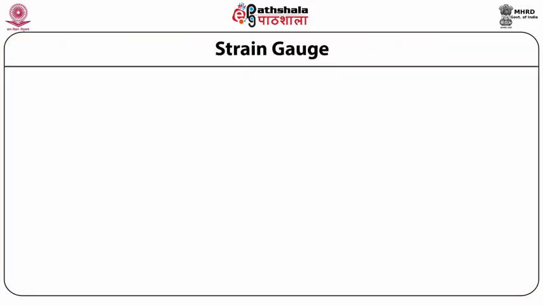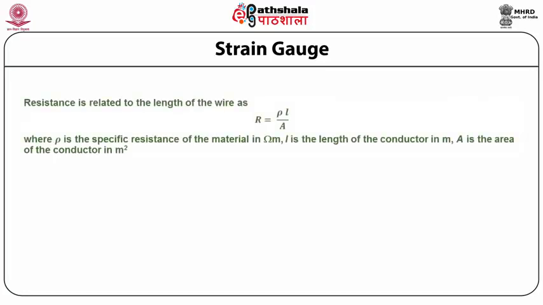Strain gauge factor. The resistance is related to the length of the wire as R equal to rho L by A, where rho is the specific resistance of the material in ohm meter, L is the length of the conductor in meters and A is the area of the conductor in meter square.